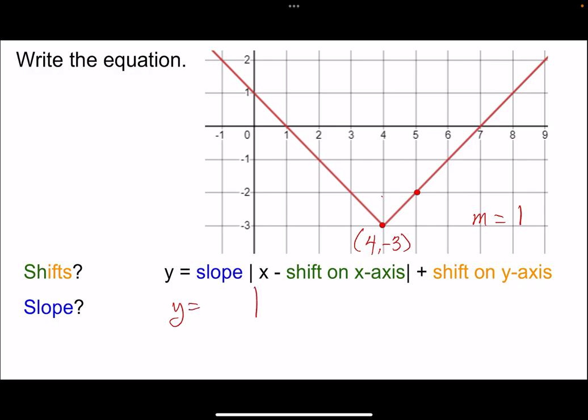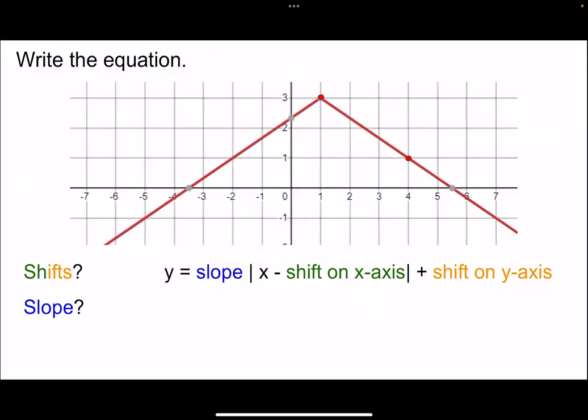The x shifted 4 to the right, so it's going to be x minus 4. The y went down 3, minus 3. So the shifts were right 4, down 3, and it's a normal graph because the slope was 1.